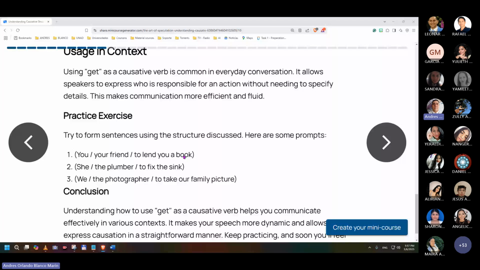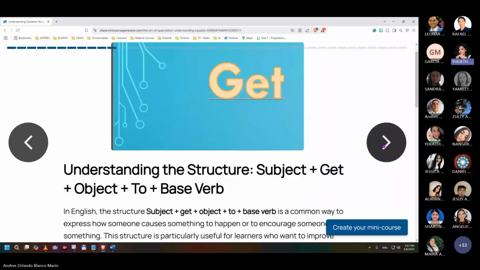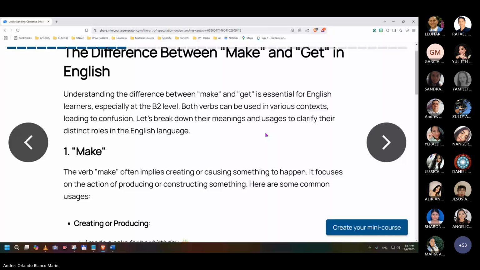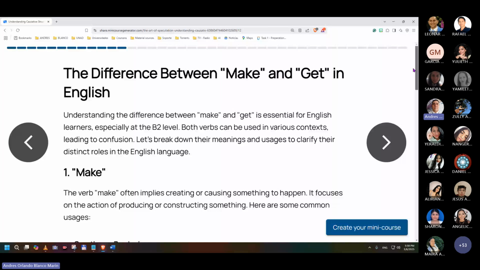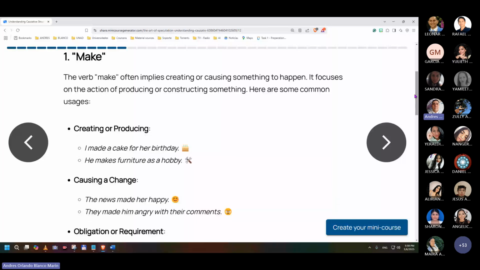Let's see some exercises here. There's a note here: difference between make and get. So make, remember, is to force someone. But remember that make is also the verb to create or produce elements.